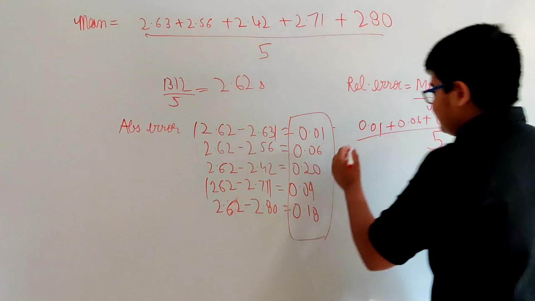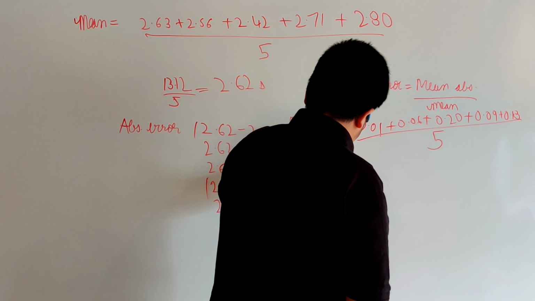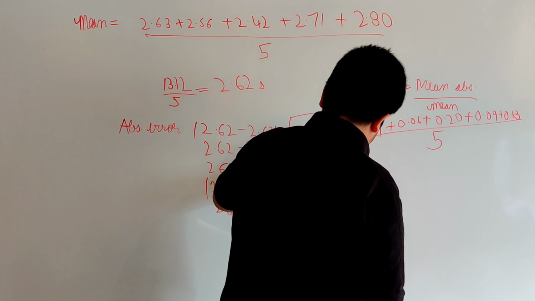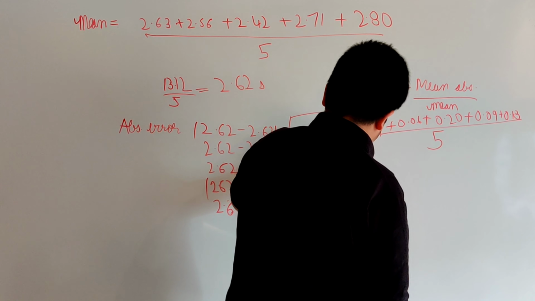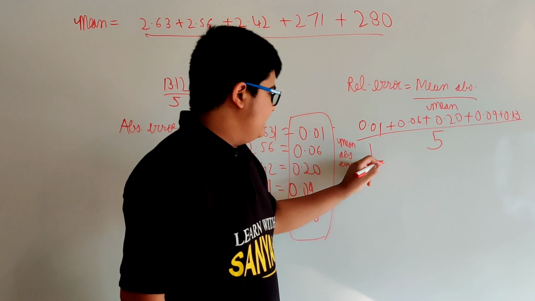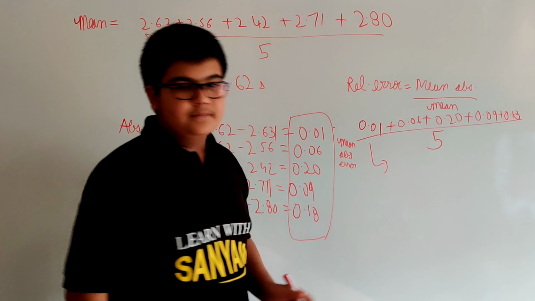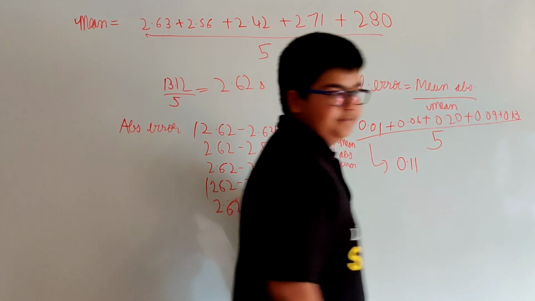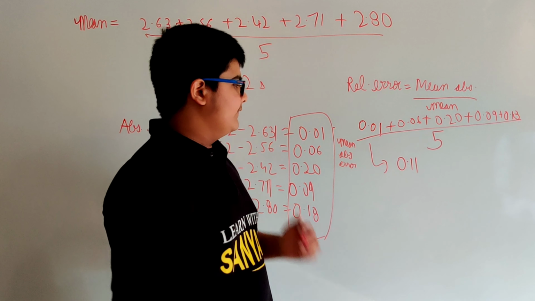So this is our mean absolute error. When we solve this, we will get that this is equal to 0.11. So therefore, our mean absolute error comes out to be 0.11.